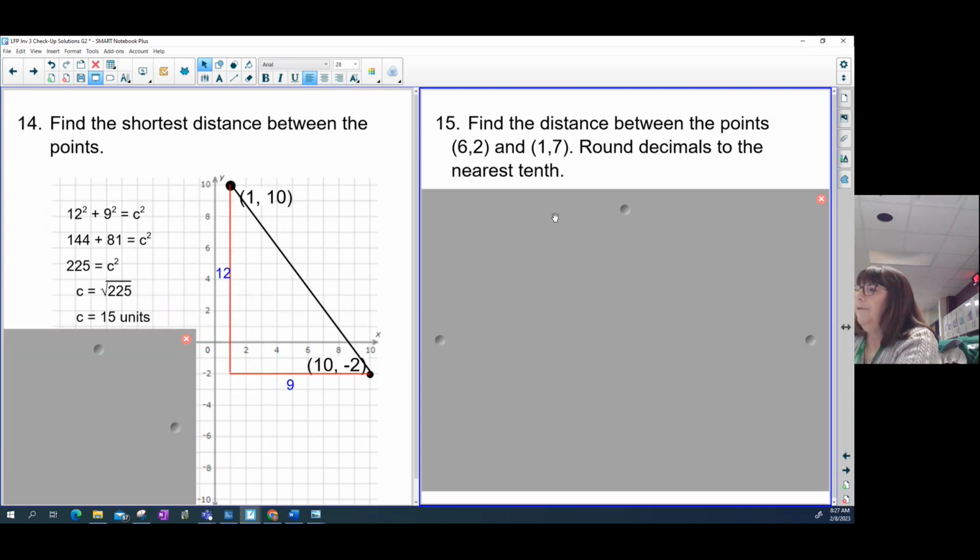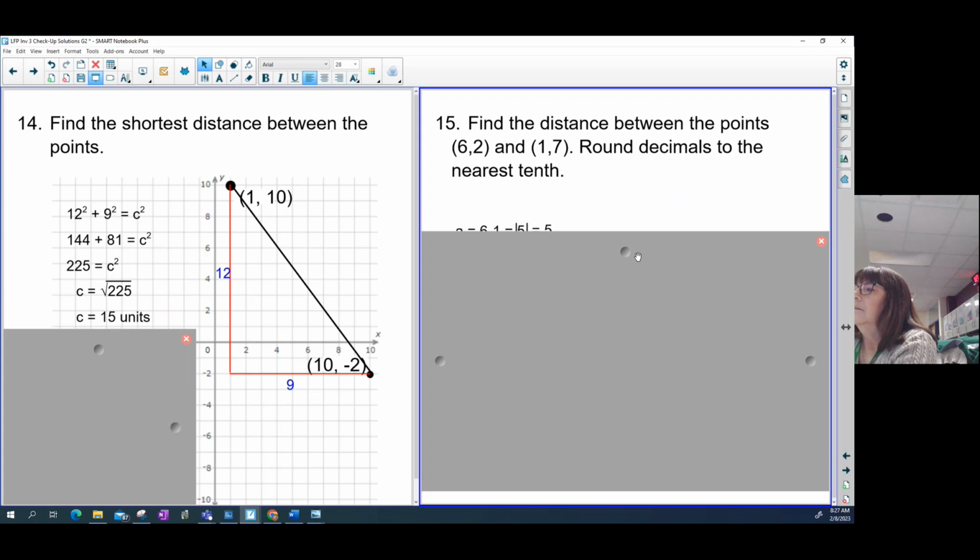Just a couple more. 15, find the distance between the points (6, 2) and (1, 7), and then round the decimal to the nearest tenth if needed. So for my leg A, you could draw this out. Some people went back over to the graph from number 14 and actually graphed it out.